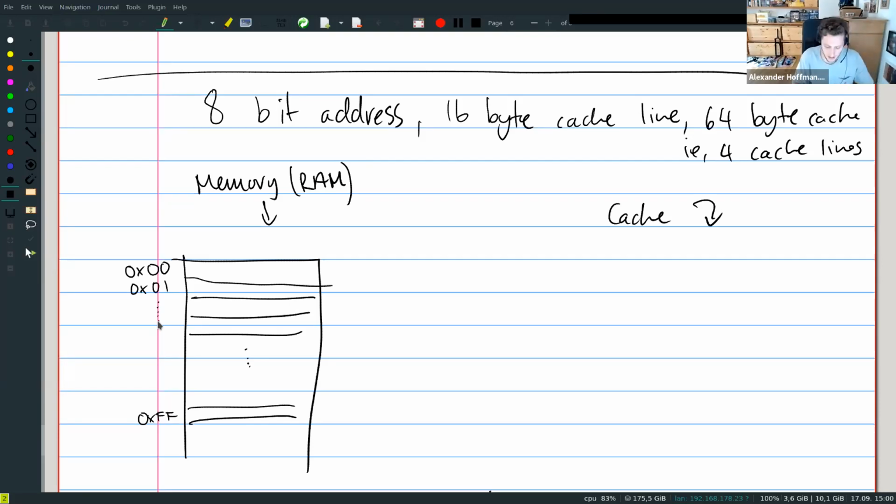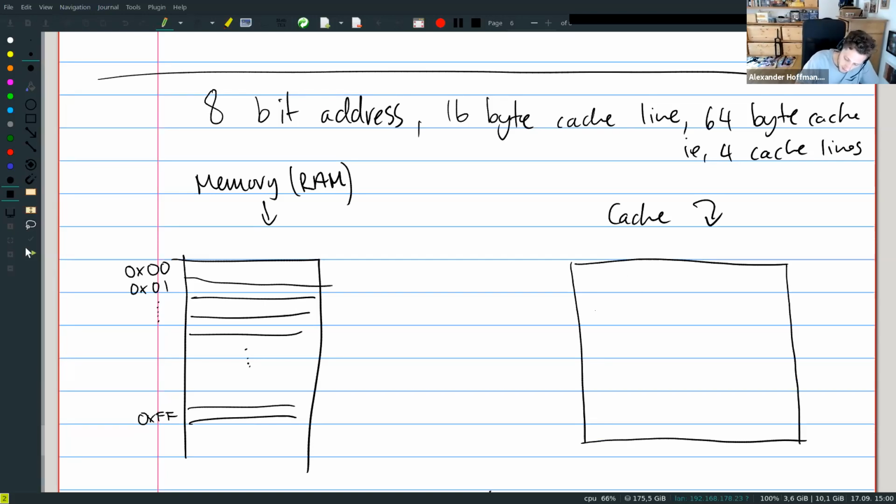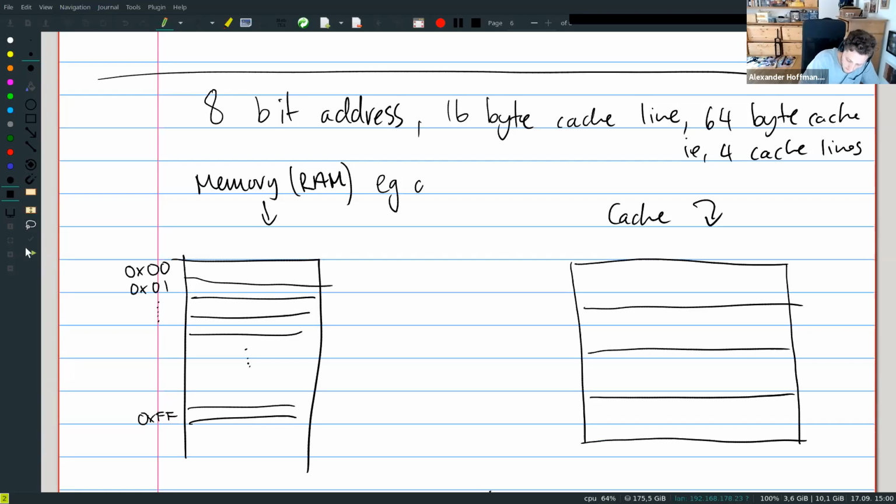And so our cache is going to look like this, in that you have 4 cache lines. So if we have, for instance, an example address in binary, I'll make it something a bit different.